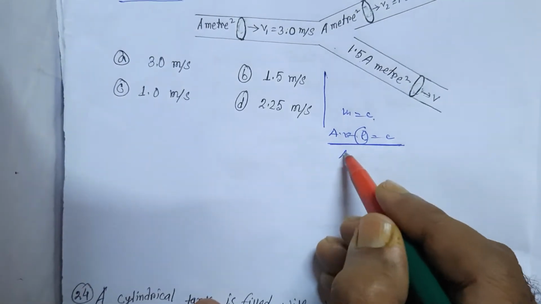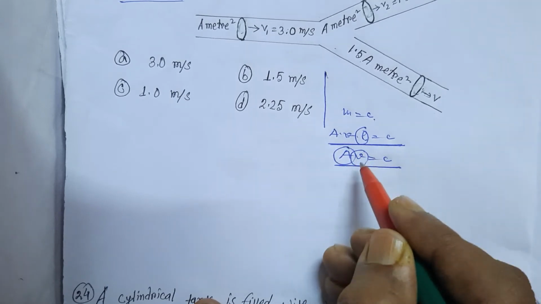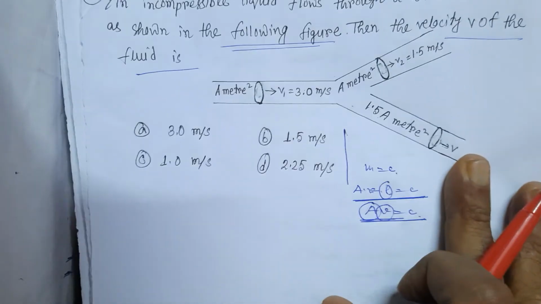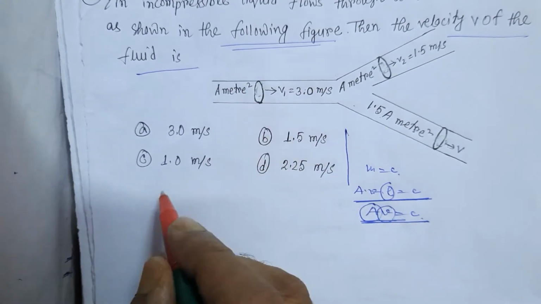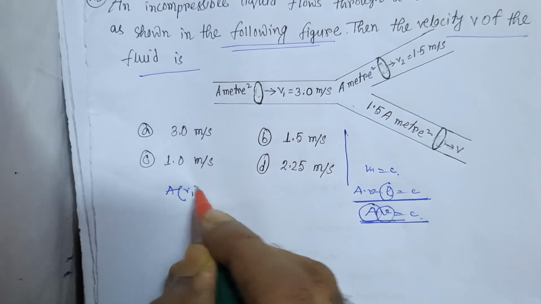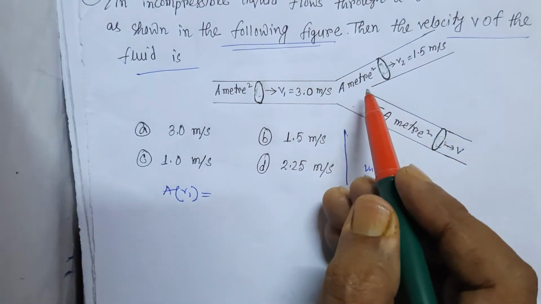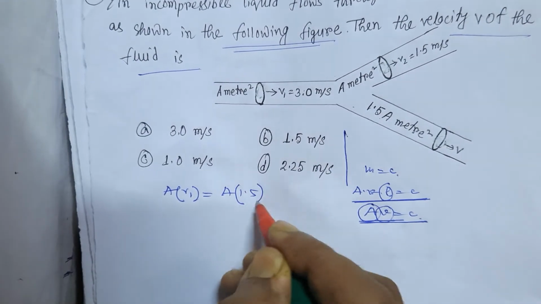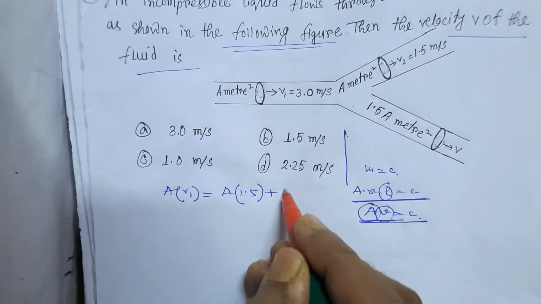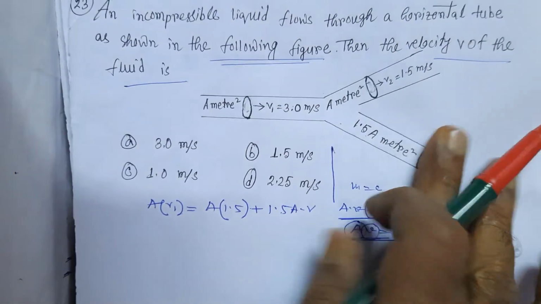When the liquid is incompressible, then AV equals constant. Then the cross-sectional area into velocity of flow equals constant. So for the inward flow we get A into V1 equals the total outlet flow, A into V2 is 1.5, plus another outlet flow 1.5A into V. So we have to calculate the velocity V.